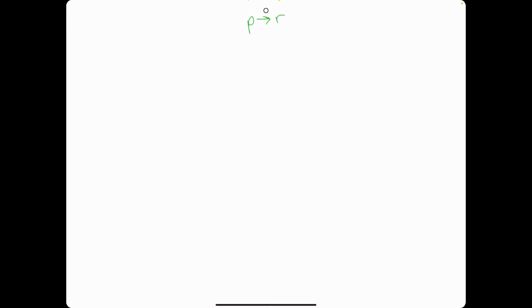Let's try example 4. Okay, use the law of syllogism to draw a conclusion from the following true statements. They're telling us again that these two statements are true. I'm going to write both of them.